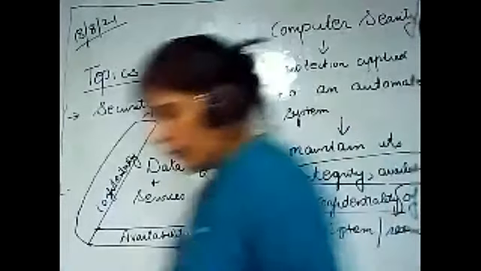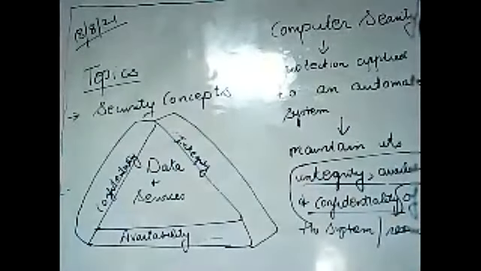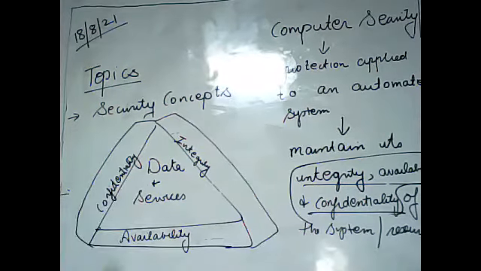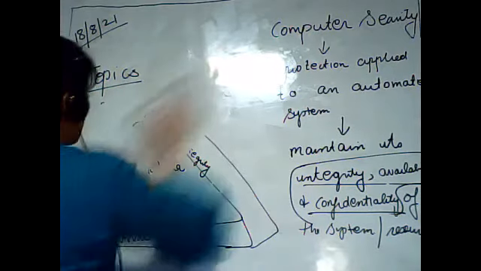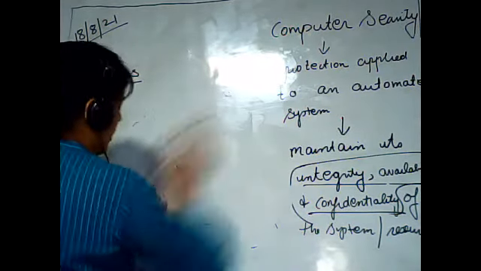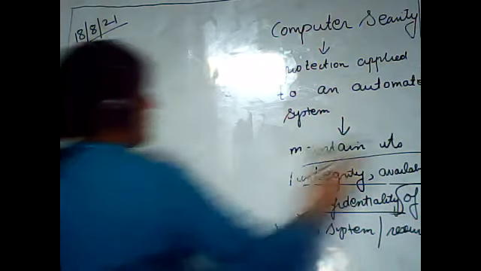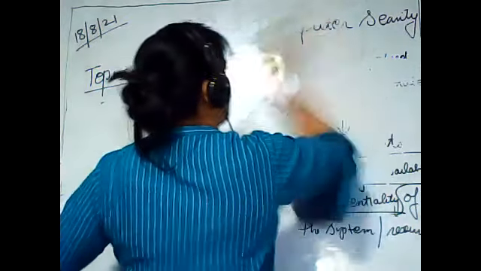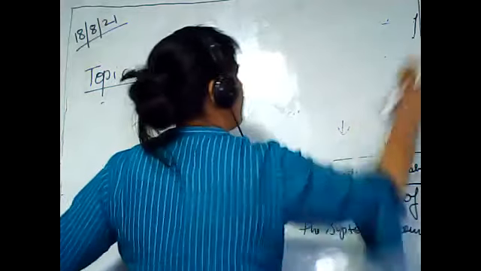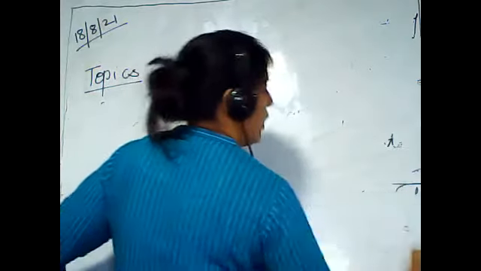Right? Now we will start with what level of impact we have. If we say that our system is not secure, then what type of impact can we have on that system?